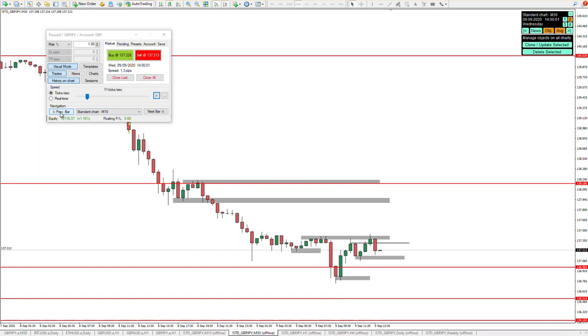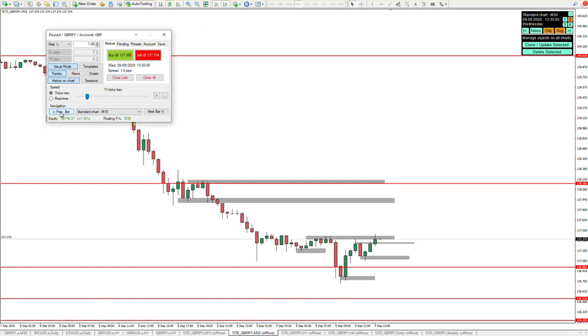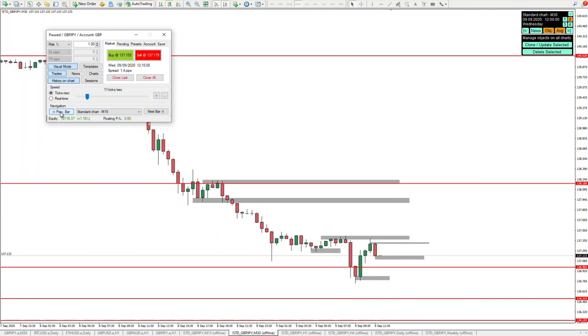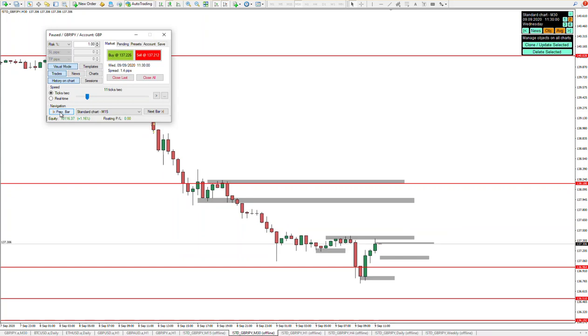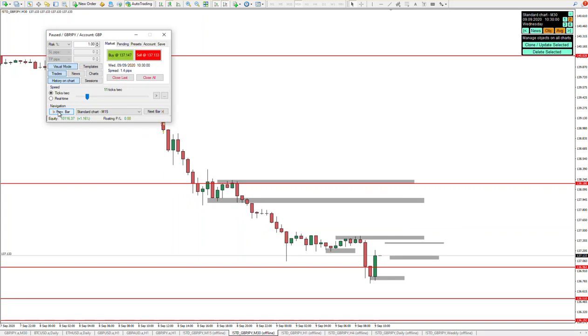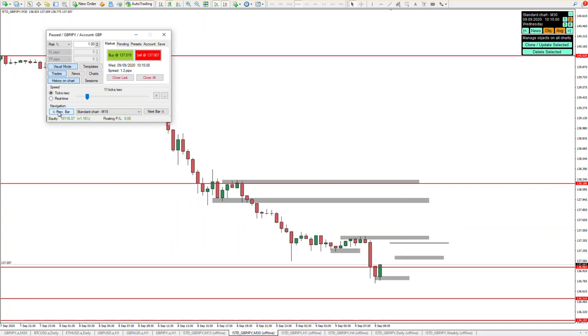I want to see this. Oh, beautiful. Look at that. This is London Open. Then 50 minutes in London Open, we broke the high of this bar.